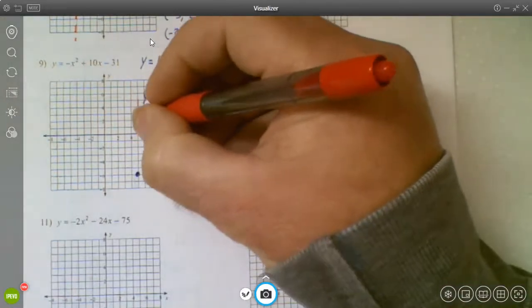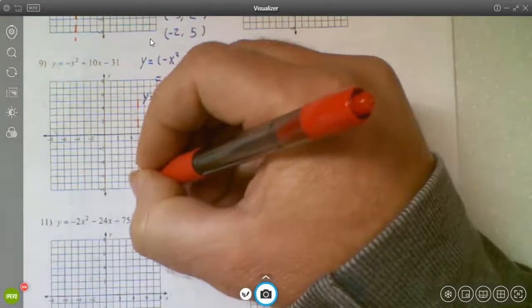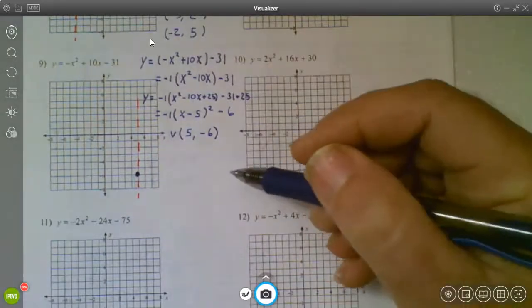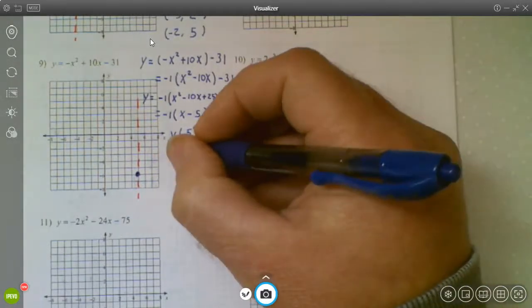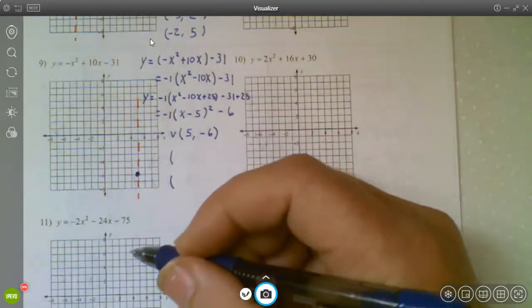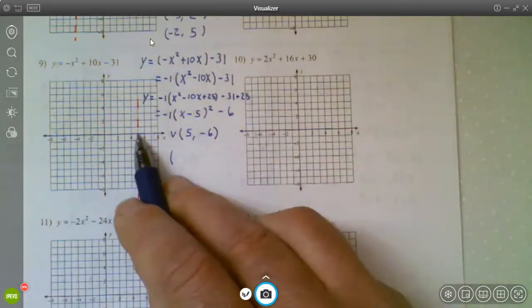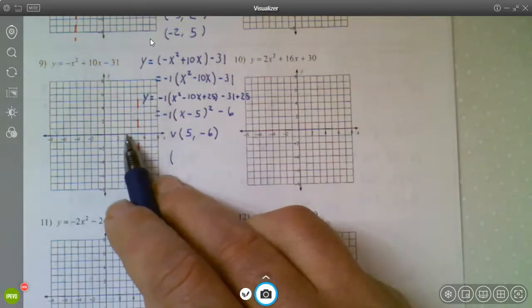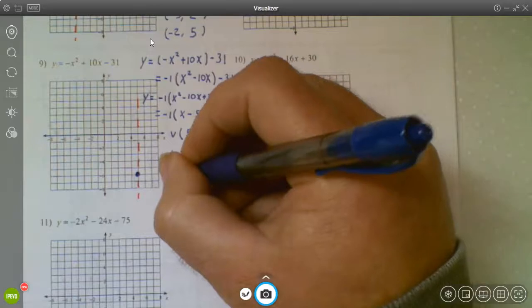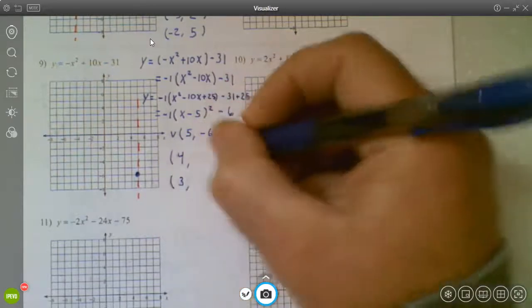Goes right down the middle of our graph. There's our axis of symmetry. And for accuracy, remember, I need 2 more points for accuracy here. So I want to pick 2 numbers that are on one side of that red line. So right now we're centered at 5. So I'm going to use numbers like 4 and 3 to get some other points.